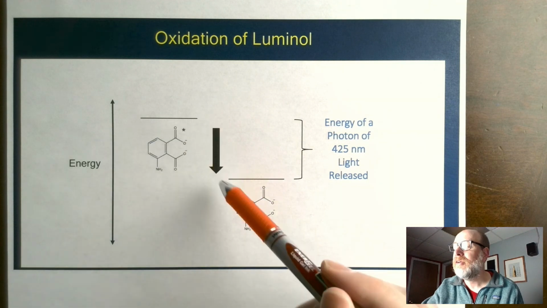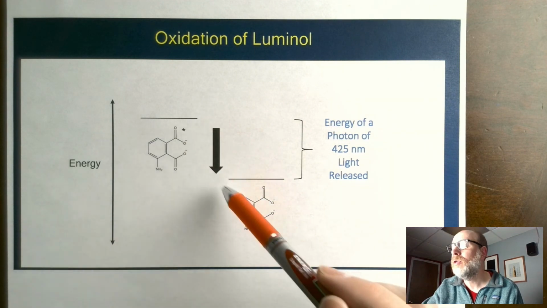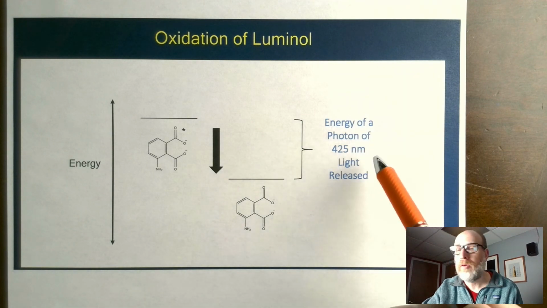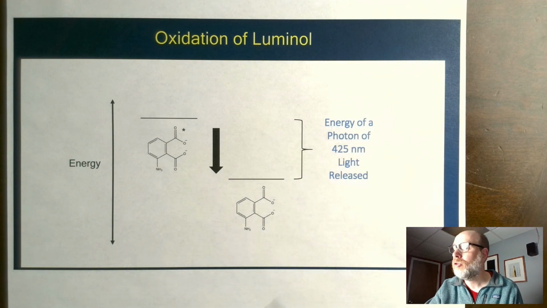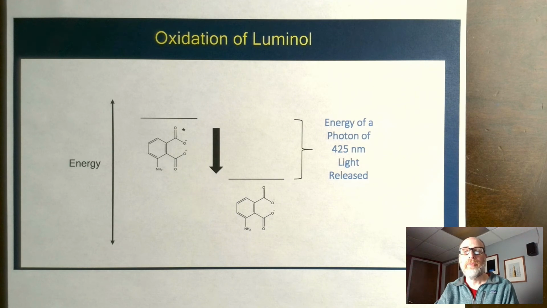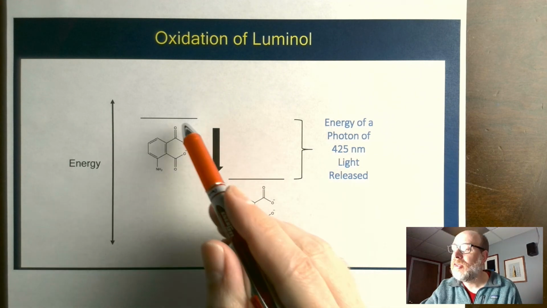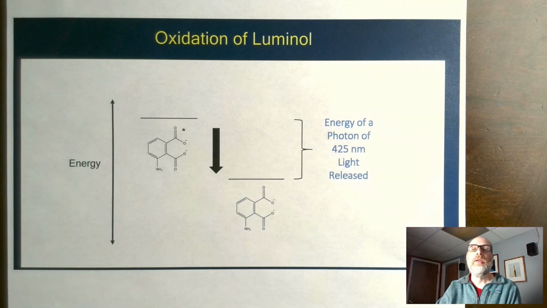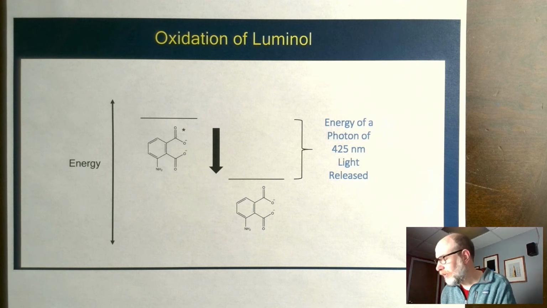The difference in energy between those two different compounds corresponds to a photon of 425 nanometer light. So the difference in those energy levels dictates what color photon is produced during that oxidation of luminol. And we all know what that looks like already.